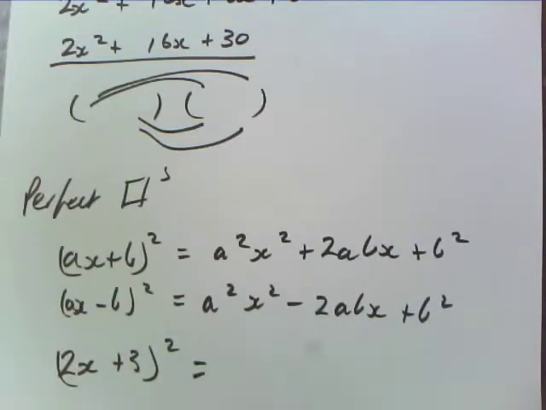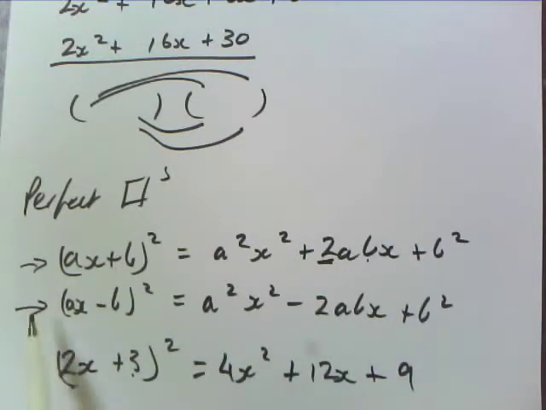So if we follow our rule, we're using the top one here, so ax plus b, so a is 2, b is 3, so a squared is 2 squared, which is 4, x squared goes there, plus 2 times, so the 2 from there, times 2 is 4, times b, which is 3, so that's 12x, plus 3 squared, which is 9, and we're done. Okay, so that's perfect squares. It's just a matter of following whichever rule suits and then substituting things in.